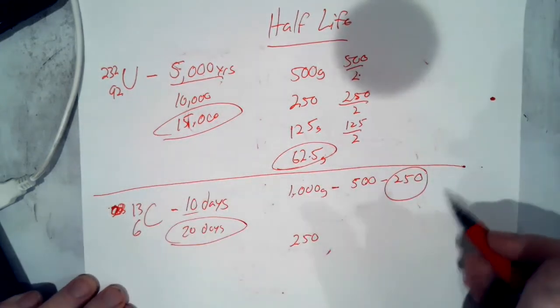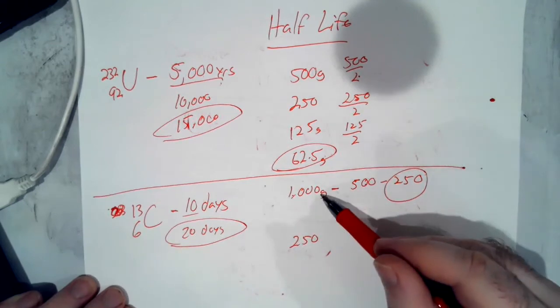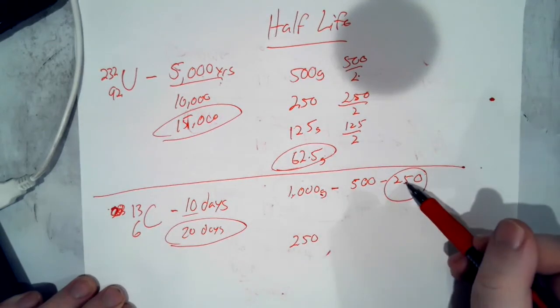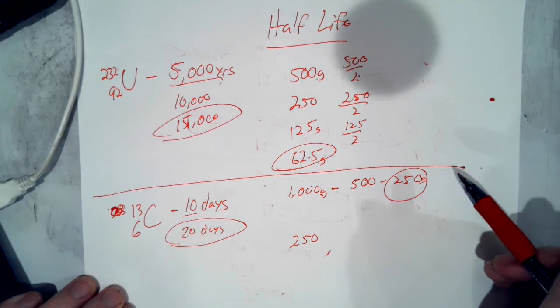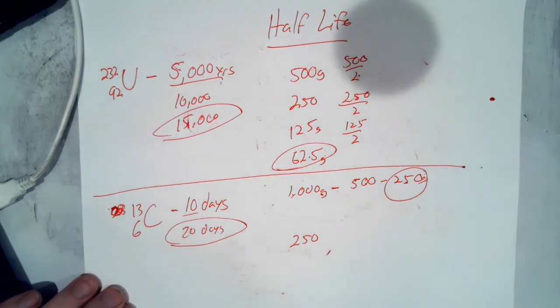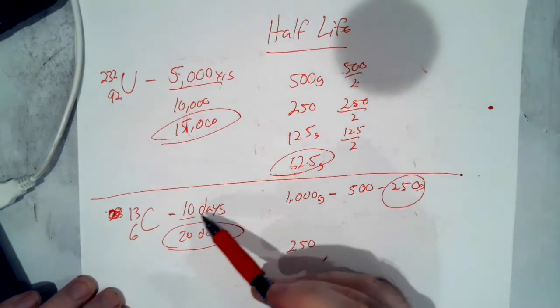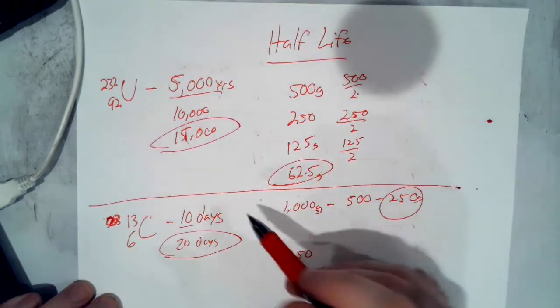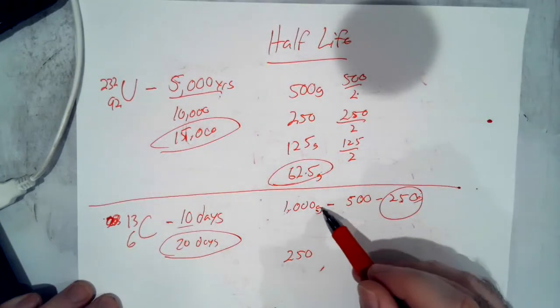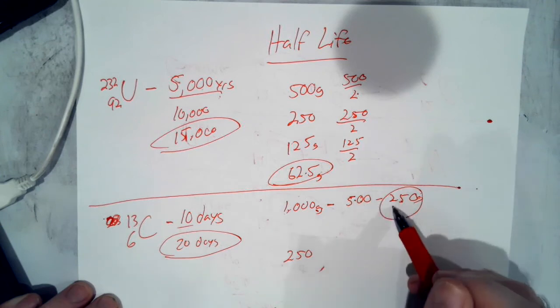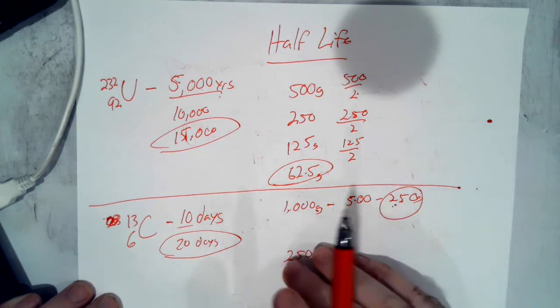So it takes 20 days for carbon-13 to go from 1,000 grams to 250 grams. If you didn't get how I did that, all I did was what I did up here. In 1 half-life, I'll be down to 500. In 2 half-lives, I'll be down to 250.